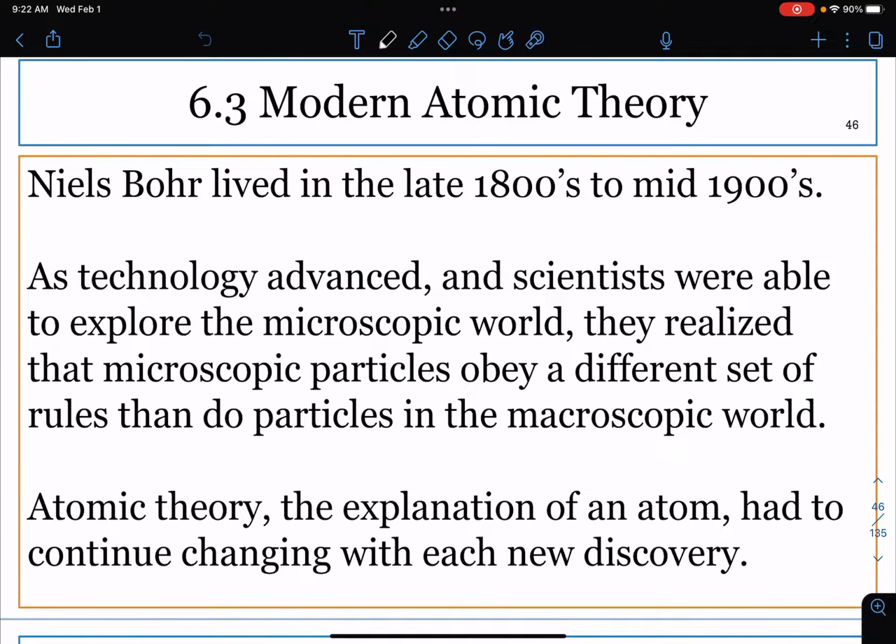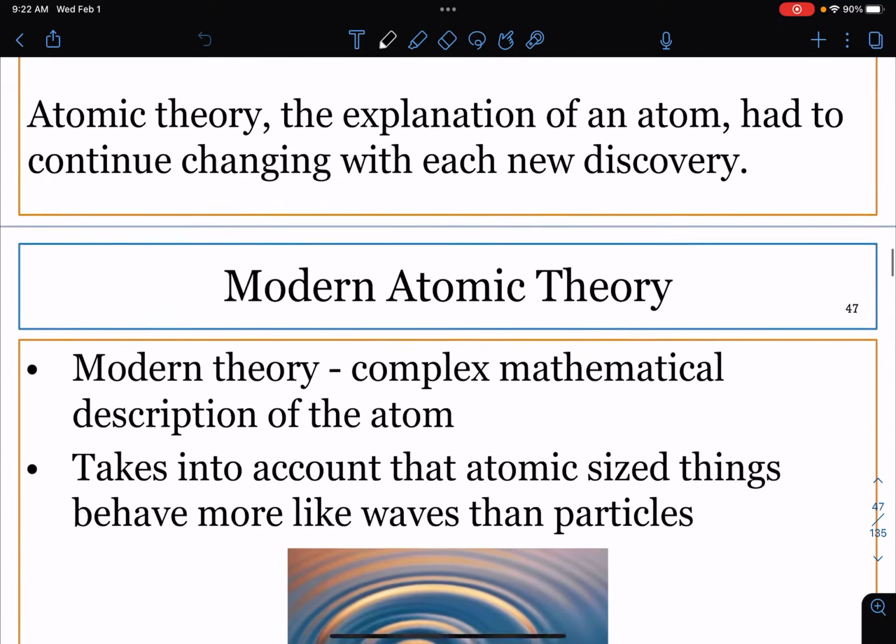As we learned in the last lesson, Niels Bohr lived in the 1800s and early 1900s. As technology advanced and scientists were able to explore the microscopic world, they realized that microscopic particles obey a very different set of rules than do particles in the macroscopic world. Atomic theory, which is just the explanation of an atom and how it works, had to continue changing with each new discovery.